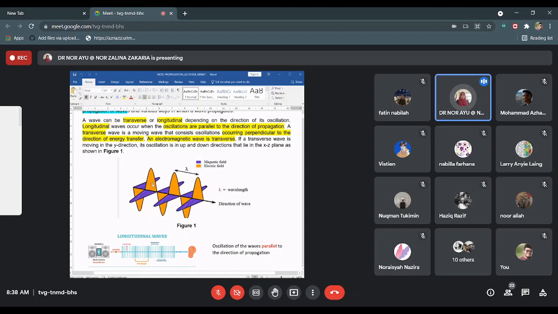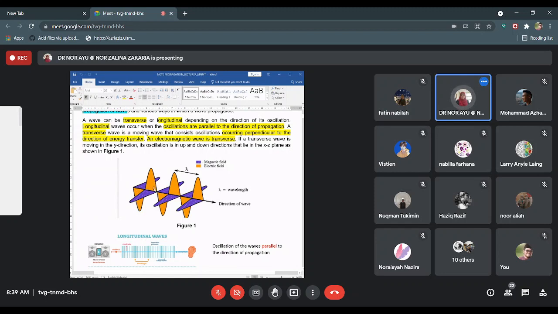You can see that, as I said just now, for the transverse wave, the oscillation is perpendicular to the direction of the energy. So what does that mean? If we look into the direction of the wave, let's say the wave travels in the y direction to here. Then we have the electric field in orange color and the magnetic field in purple color.